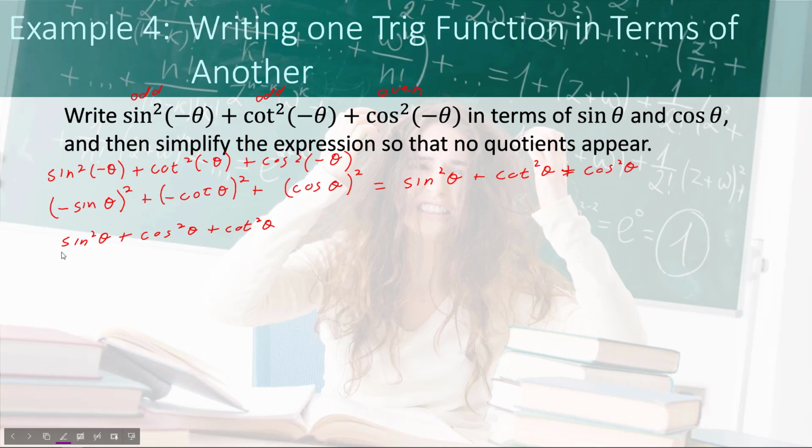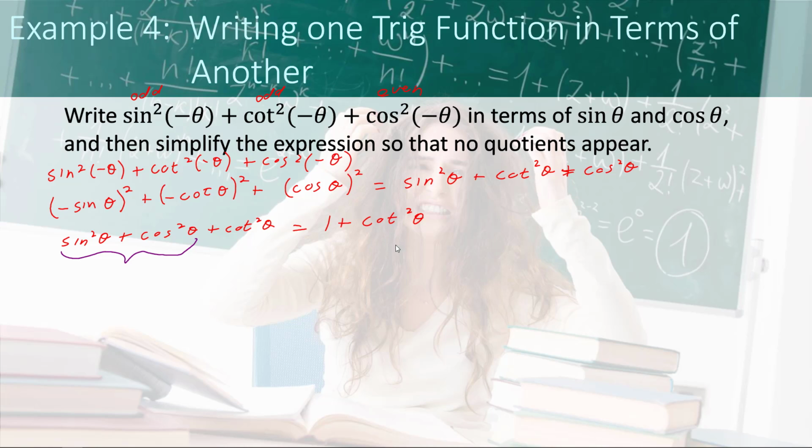Now we can rewrite this as sine squared theta plus cosine squared theta plus cotangent squared theta. And notice that this right here is a Pythagorean identity, and that's going to be equal to 1. So since this is 1, we can write this as 1 plus cotangent squared theta.